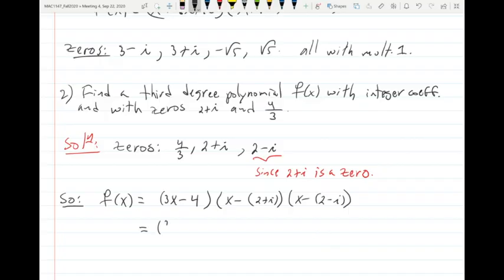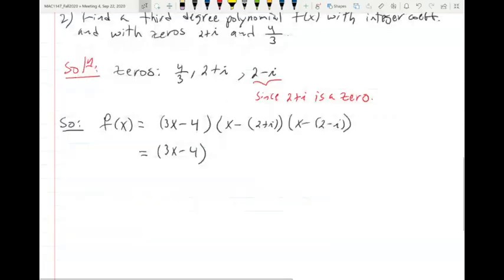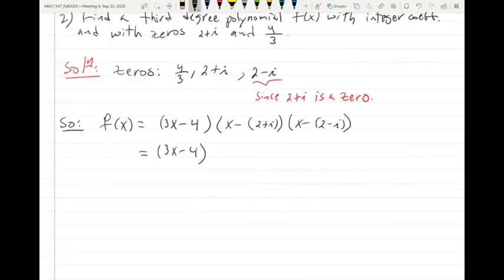Okay, so now we're going to go ahead and clean up the other one. So remember, here we have x minus 2 plus i, x minus 2 minus i. I'm going to rewrite this as x minus 2 minus i, x minus 2 plus i.